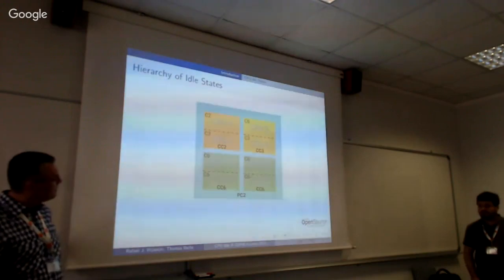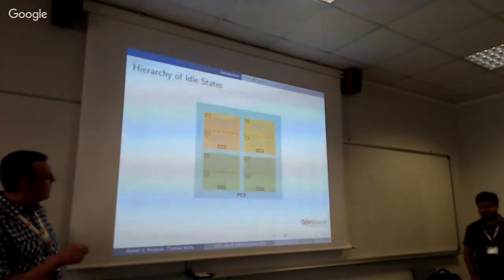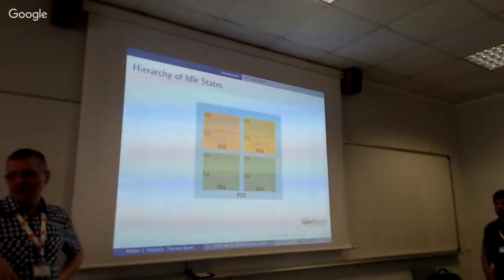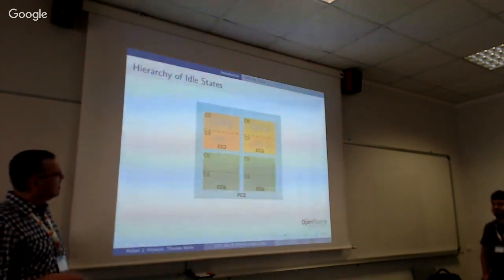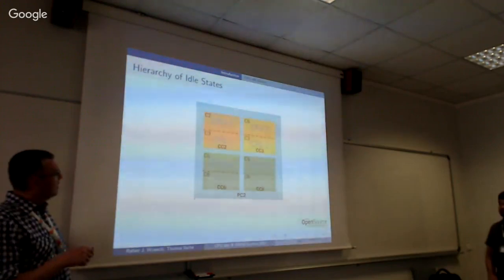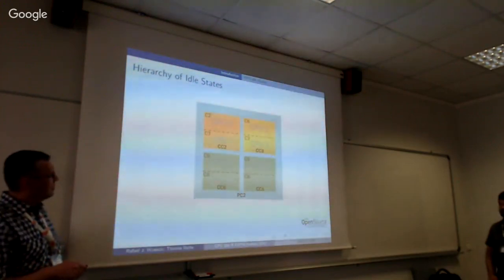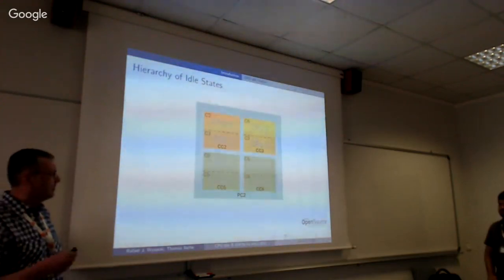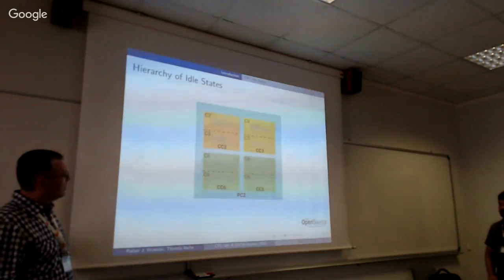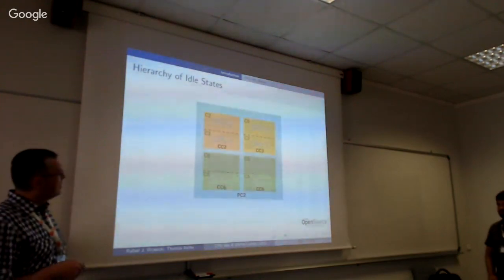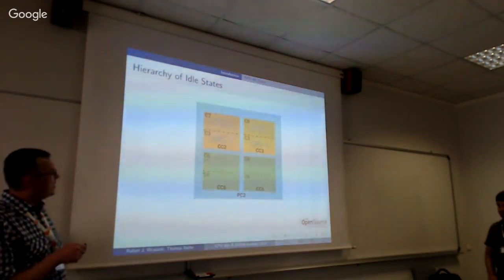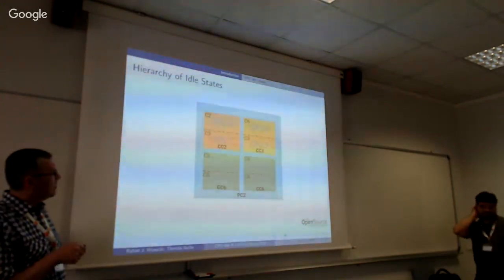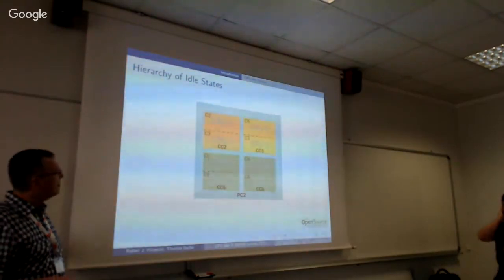The gray area is a package, which roughly corresponds to a cluster in the ARM configuration. The boxes here are CPU cores, and each of them has two hardware threads, or hyper threads if you use the terminology. Each of the hardware threads can request a number of idle states.